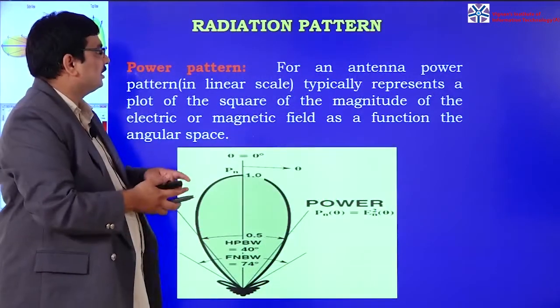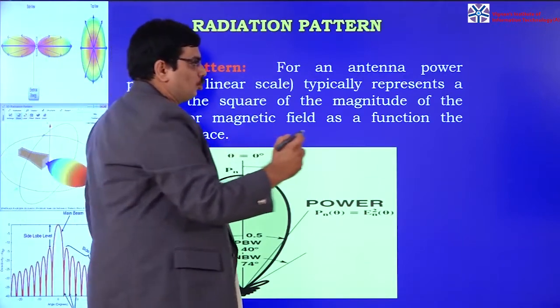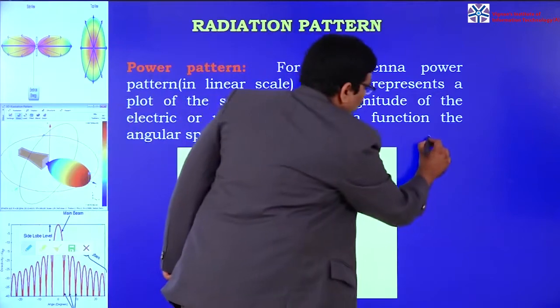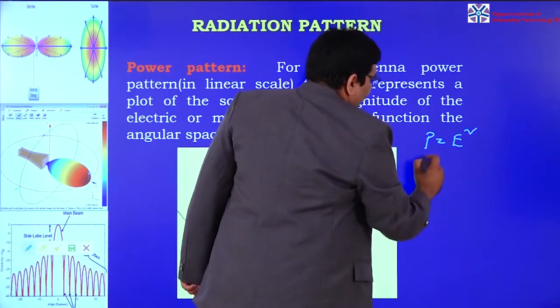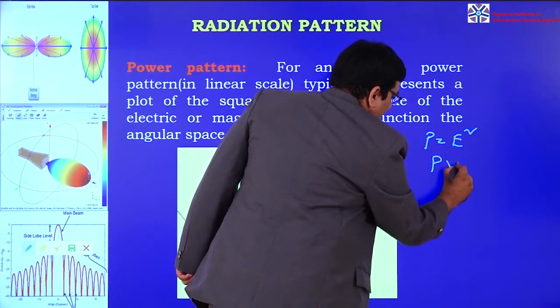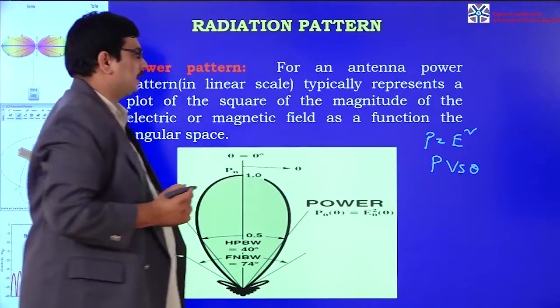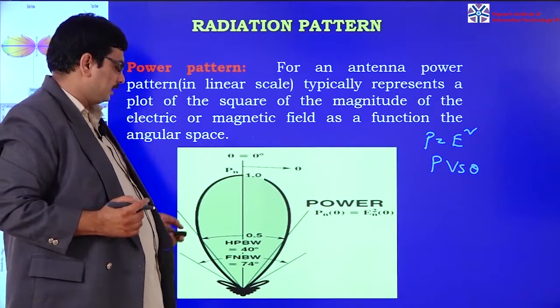So next radiation pattern is the power pattern. We know that power is equal to E square. If you draw a plot between power versus theta, then it is called a power pattern. Power versus theta is called power pattern.